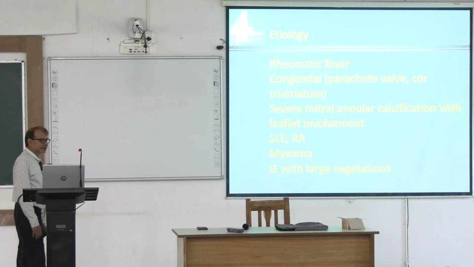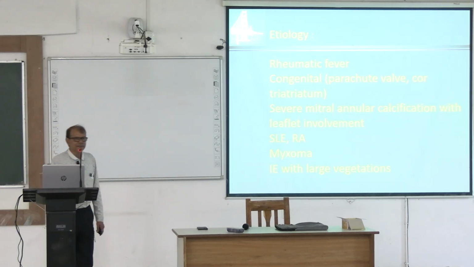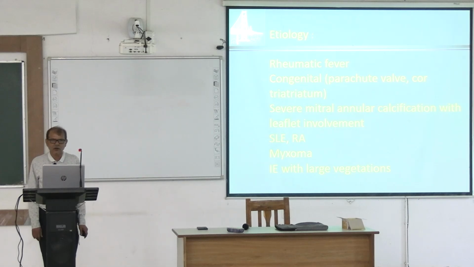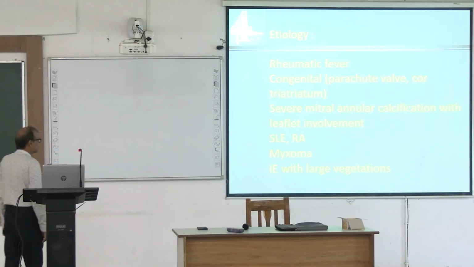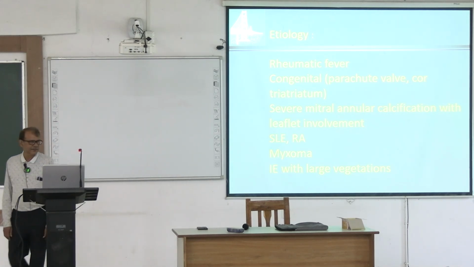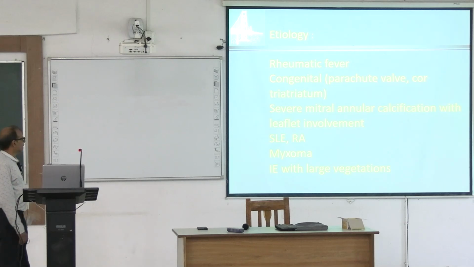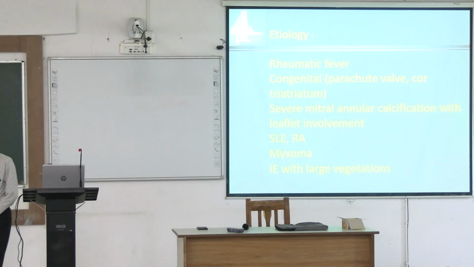তাছাড়া থাকতে পারে congenital, that may be a result of parachute valve or cor triatriatum. Third, severe mitral annular calcification with involvement of the mitral valve leaflet. Then systemic lupus erythematosus and rheumatoid arthritis are also responsible for the development of mitral stenosis.